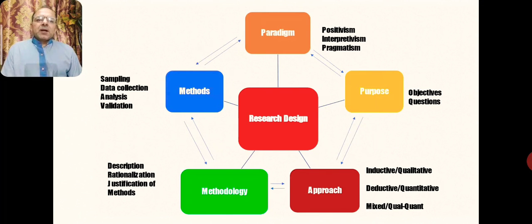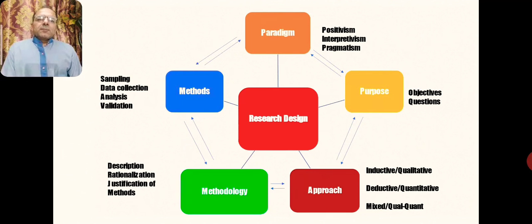When thinking about research design, we also need to think about the approach we are interested in using for a particular study. Similarly, methodology is another consideration that comes inside the fold of the research design. And methods is also one of the most important factors that impact our research design.